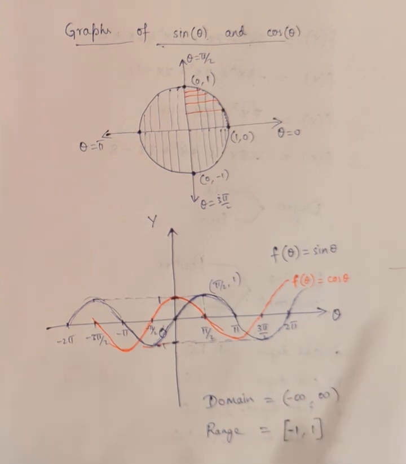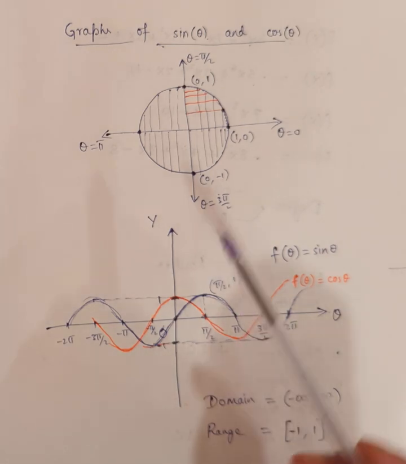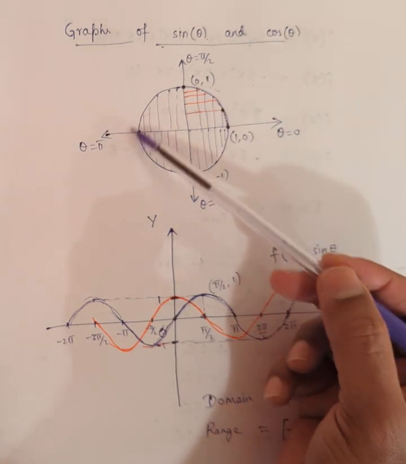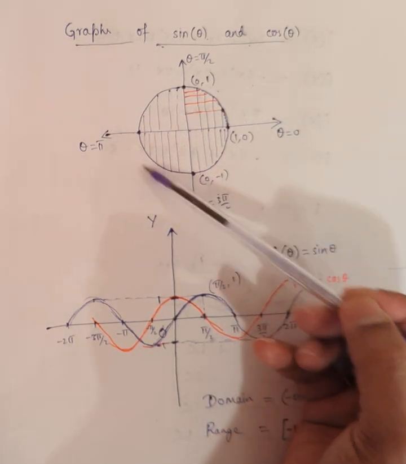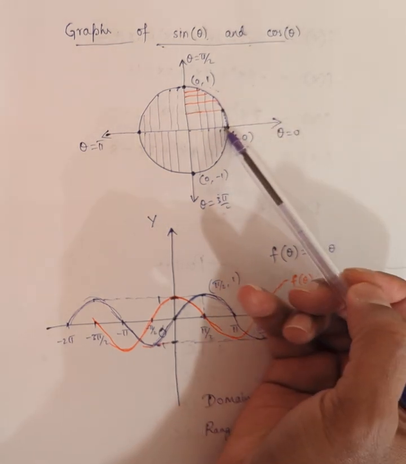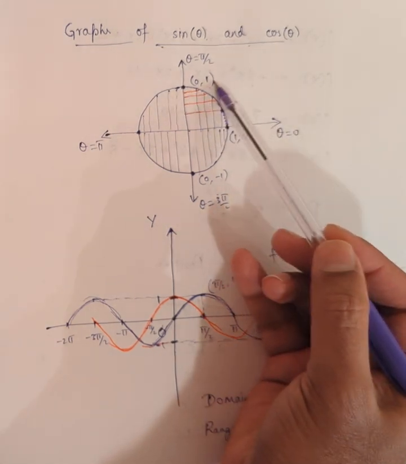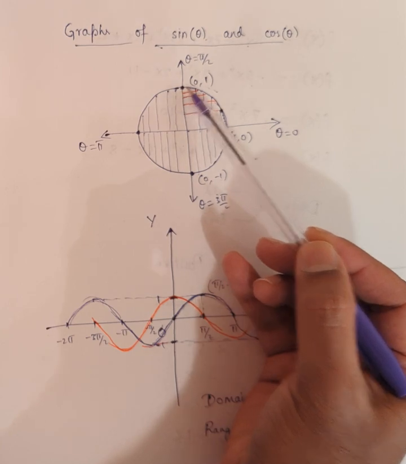The domain is negative infinity to infinity, but the answers you get can never go beyond positive 1, or below negative 1. It's because those are the coordinates on the unit circle. The unit circle has a maximum coordinate of positive 1.